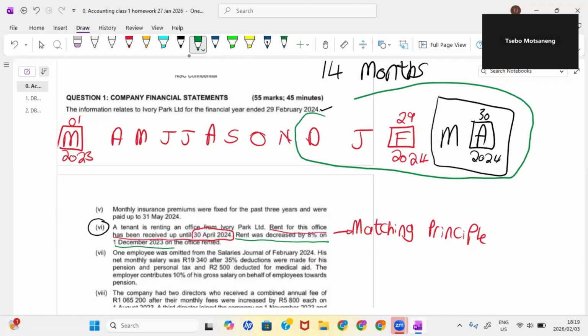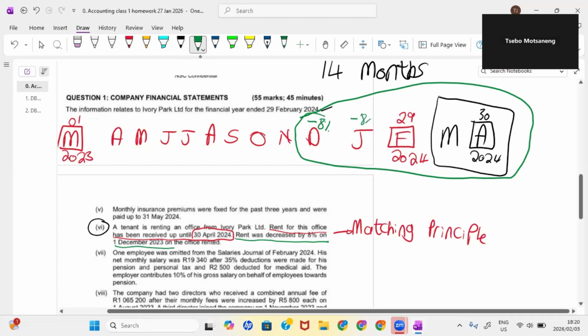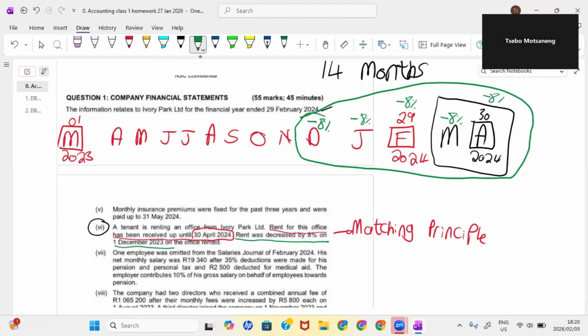So these months that I'm circling with a green color, that's when we have an 8% decrease. So let me just show for every month. We have minus 8%, minus 8%, minus 8%, and then minus 8%, as you can see.